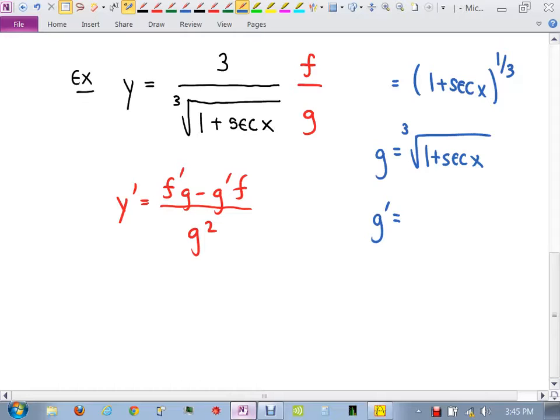So take your 1/3 out. It's like a power rule. 1/3 comes out in front. The junk to what power? Negative 2/3.